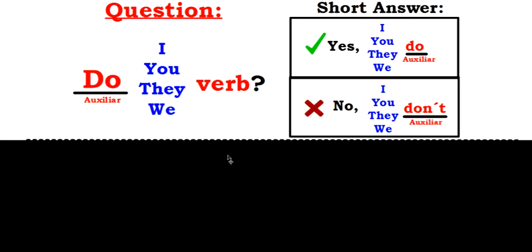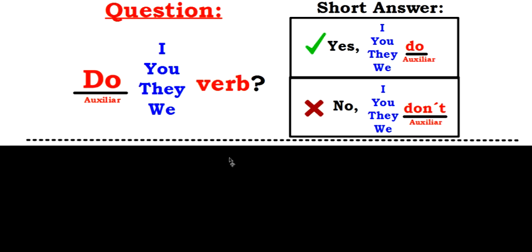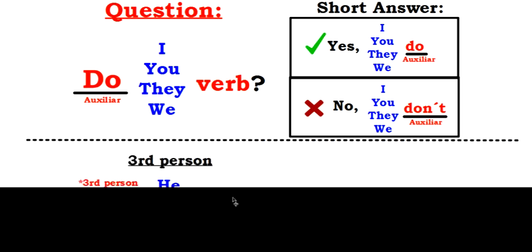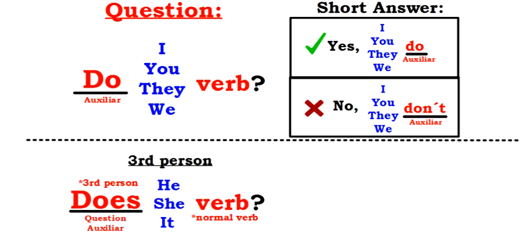Very good. Now, for the third person, remember, he, she, and it is for the third person. Our auxiliary for the question is does. It's the third person conjugation. So we use does, the subject, and the verb.